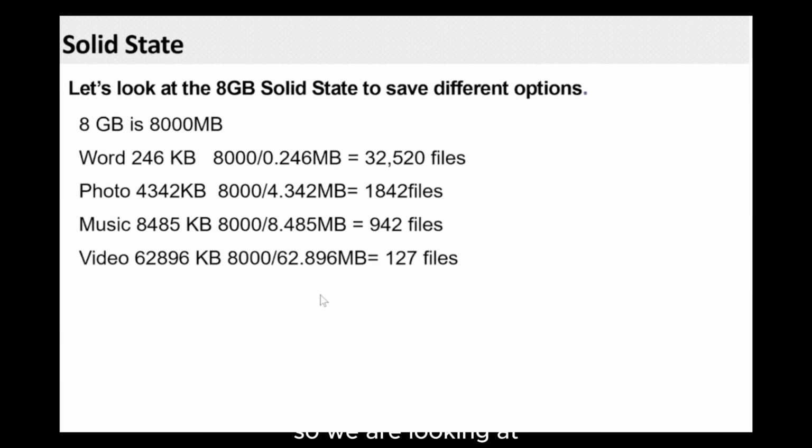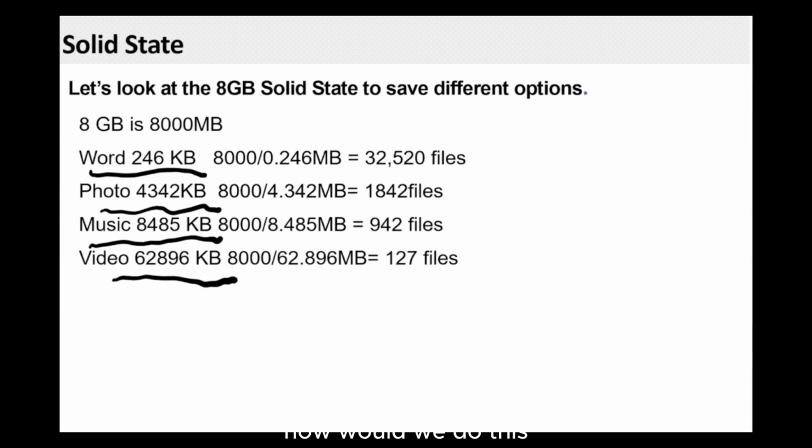So we are looking at if we had to save a word, which is 246, a photograph, which is 342, a music file, which is 8485, a video, which is 62896 kilobytes. How would we do this? We would simply divide that by, so the word, we will divide that by 0.246.